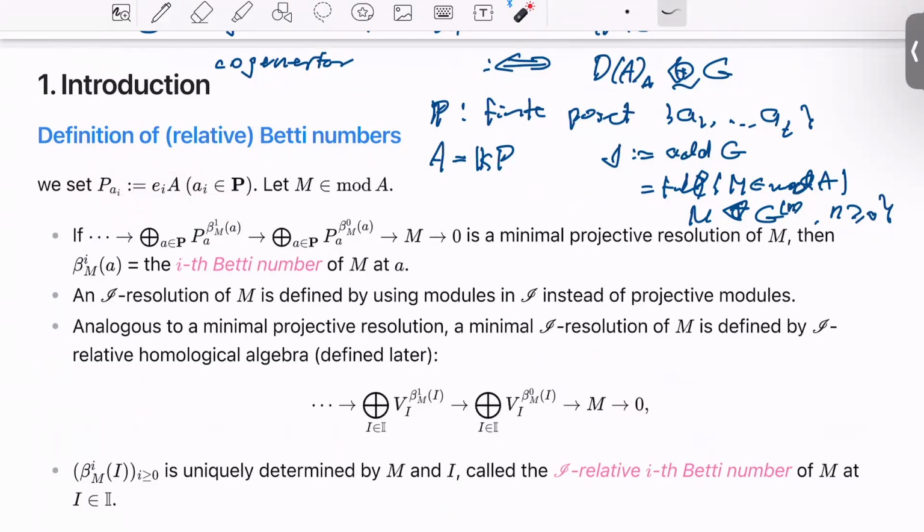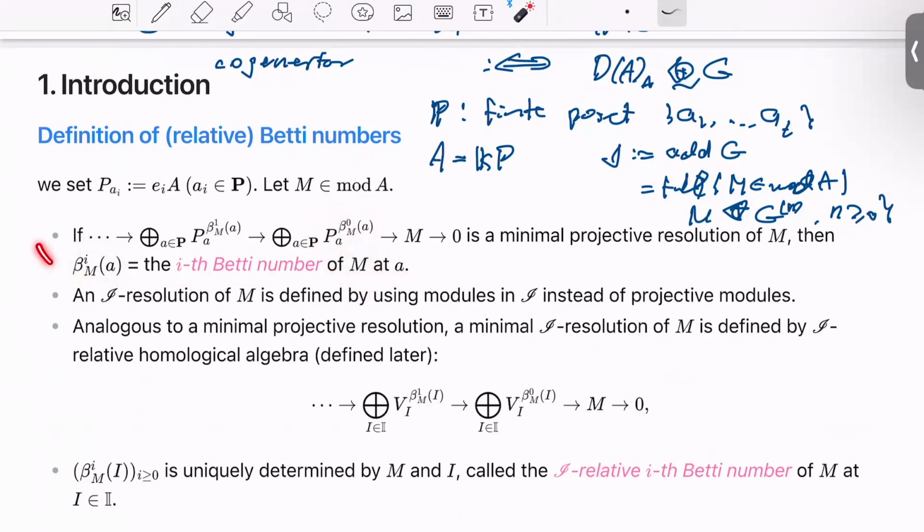Then, what is the Betti number? If we make a minimal projective resolution of M in this way, then it is determined by M uniquely. Decompose it as a direct sum of indecomposable projectives, and the multiplicity here, beta_i of M at the vertex a, is called the ith Betti number of M at the vertex a.